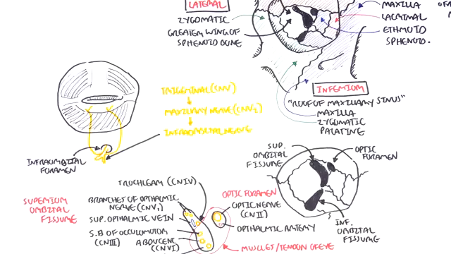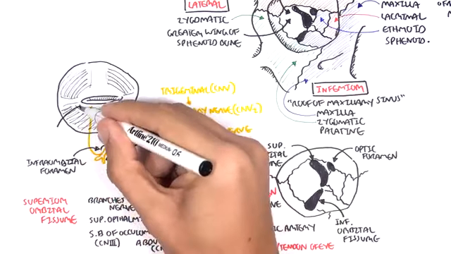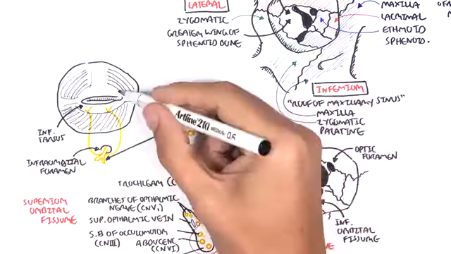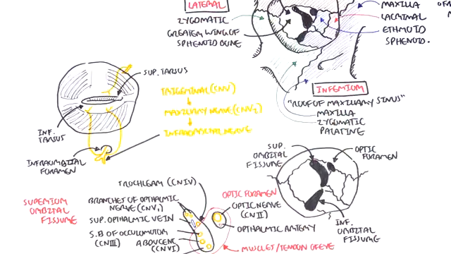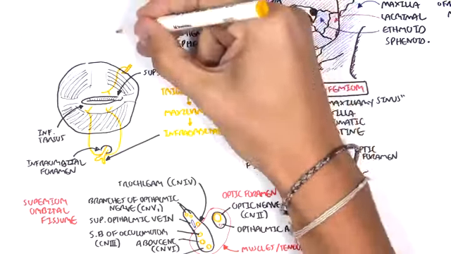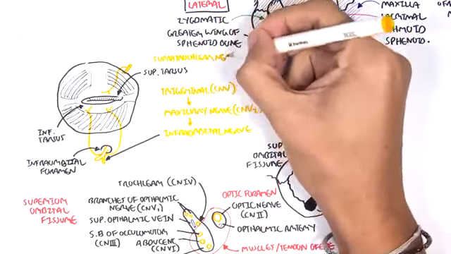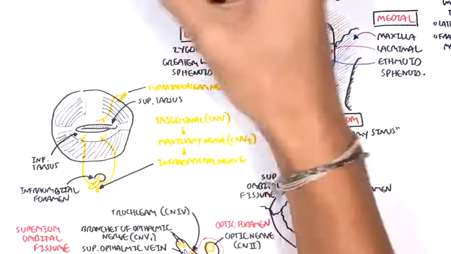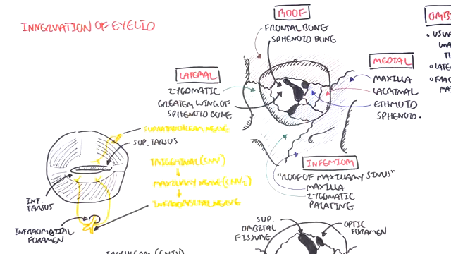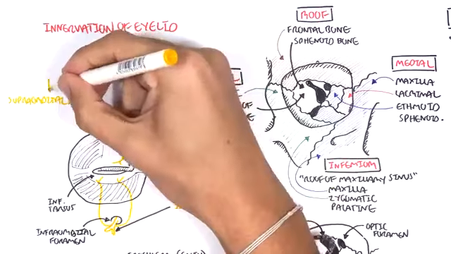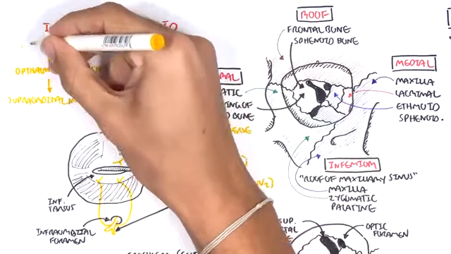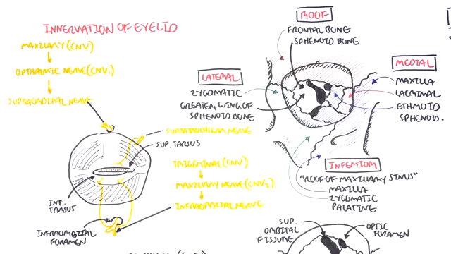The infraorbital nerve supplies the inferior tarsus muscles, which are the muscles of the eyelid. The superior tarsus is supplied by branches of the supratrochlear nerve. Because we have an infraorbital nerve, we also have a supraorbital nerve, which is a branch of the ophthalmic nerve, V1, which is a branch of the trigeminal nerve, cranial nerve number 5, not the maxillary nerve.